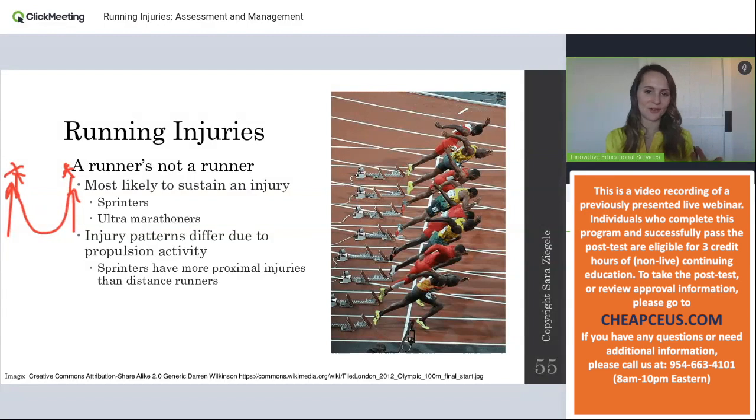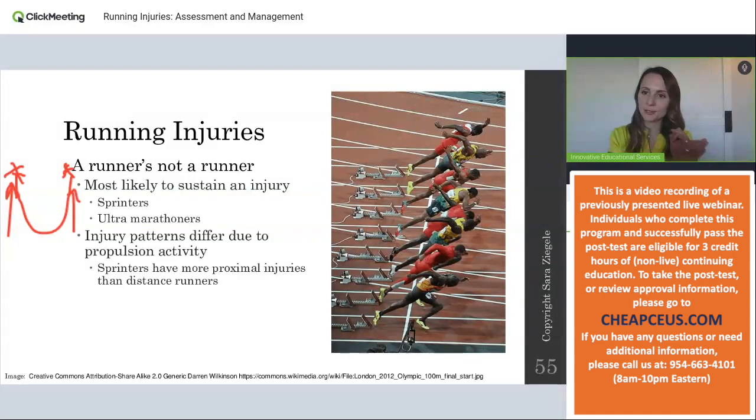So if you think about all of the Olympic races that you watch on TV, or if you've been to track meets or work with sprinters, the hamstring injury, right? The hamstring tear, the hamstring strain, those are the things that come up as the hallmark injury of a sprinter. This is because runners who are in those shorter, more explosive distances have a greater reliance on their proximal muscles for power.